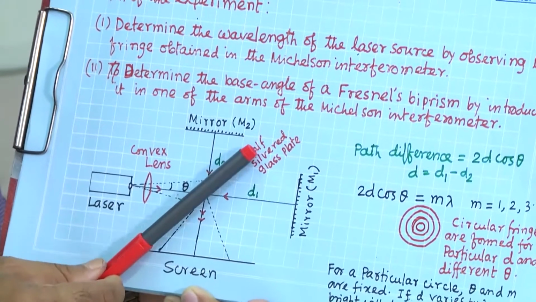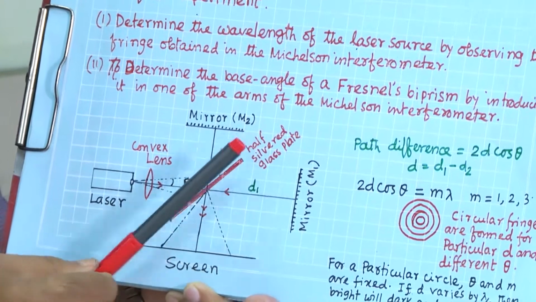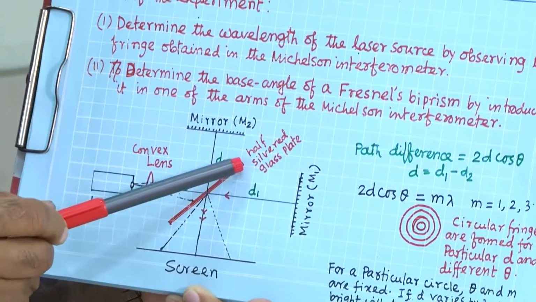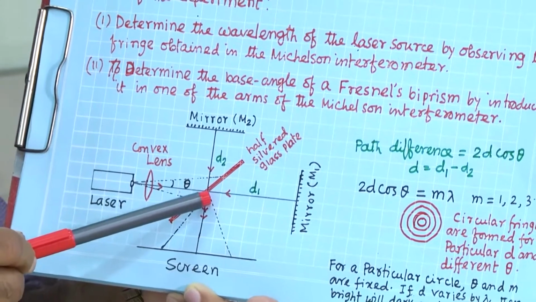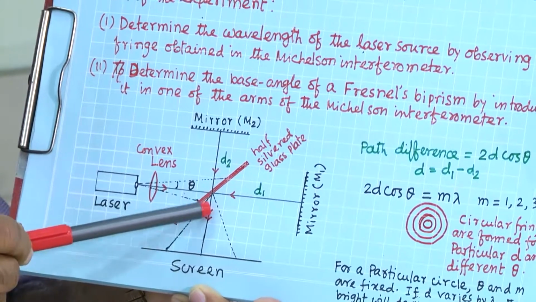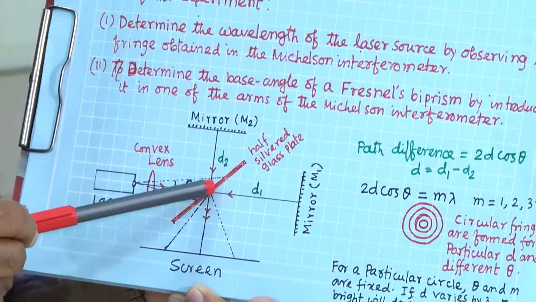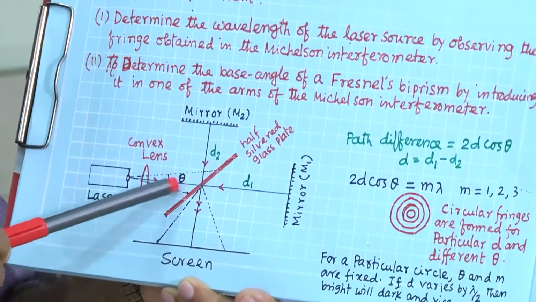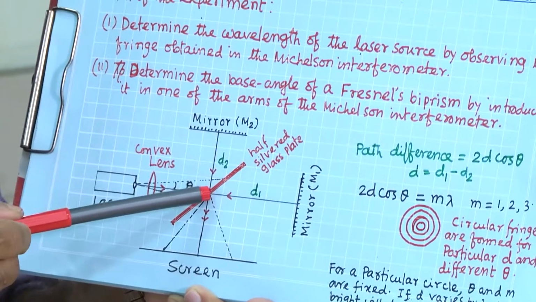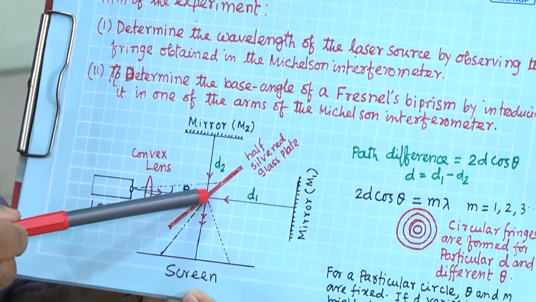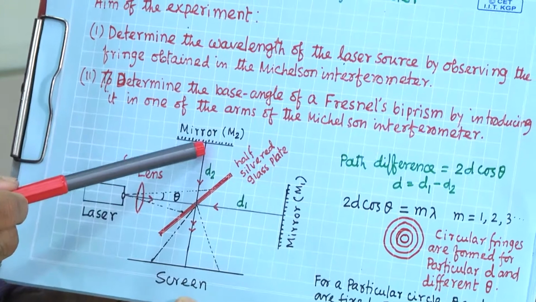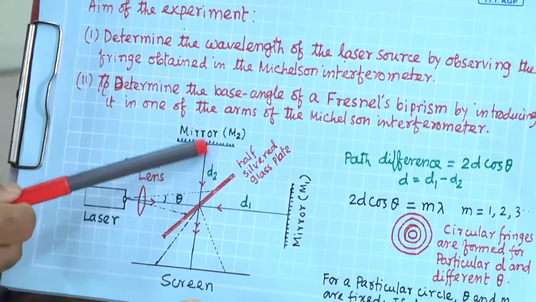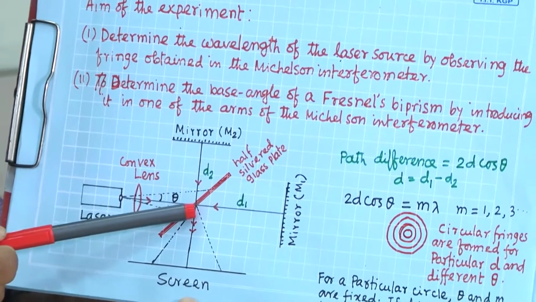If the plate is at 45 degrees, then this reflected ray is again reflected from the glass plate and comes down. Another part of the incident ray is reflected from this place; again, since the plate is at 45 degrees, it will be perpendicular to the incident light.